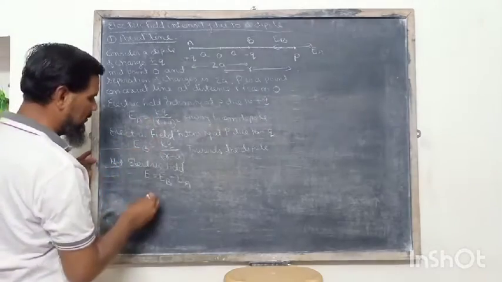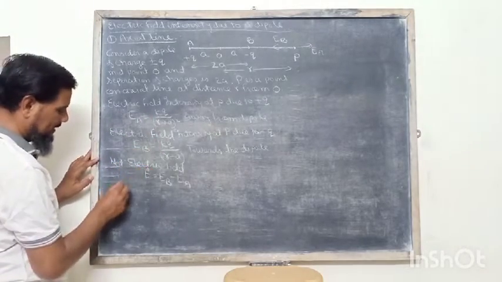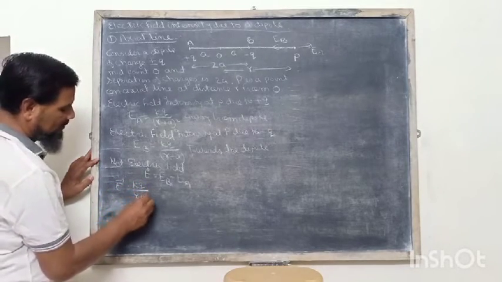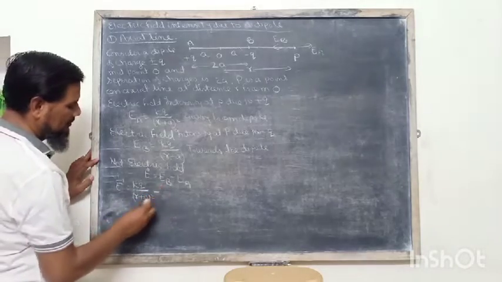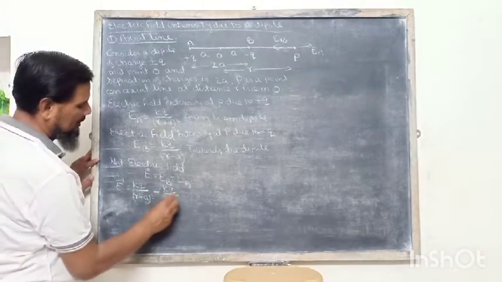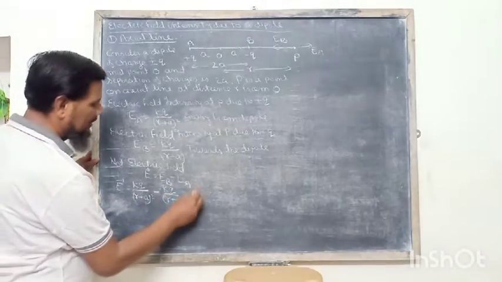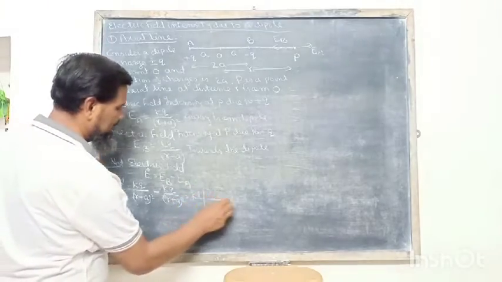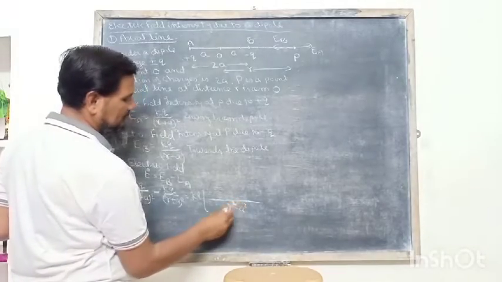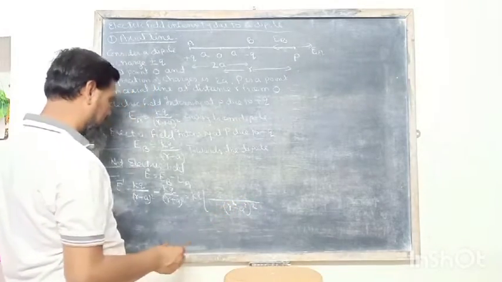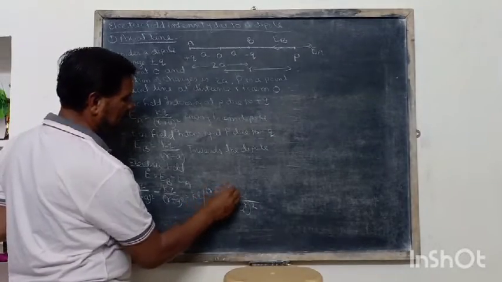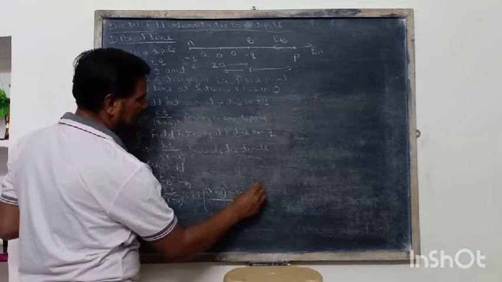E is equal to KQ upon (r minus A) whole square minus KQ upon (r plus A) whole square. KQ can be taken out. The LCM will be (r square minus A square) whole square. Here it is (r plus A) whole square minus (r minus A) whole square.